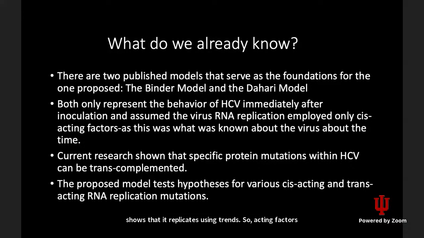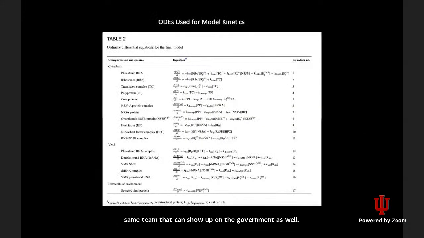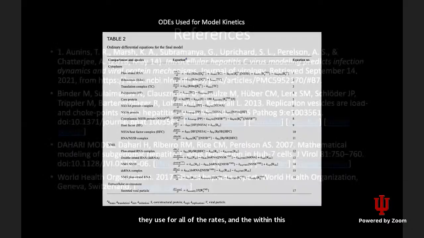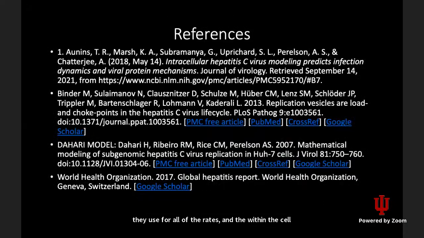So not only can the mutation show up on the same gene, they can show up on the complement as well. And this is the table of differential equations that they use for all of the rates within the cell and within the host. And then these are my references that I had.